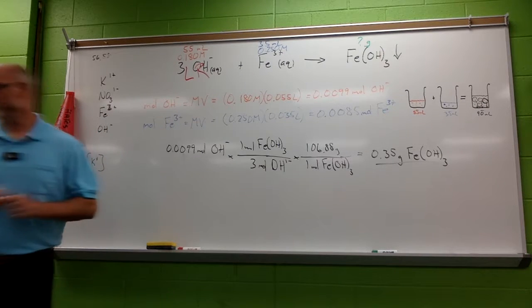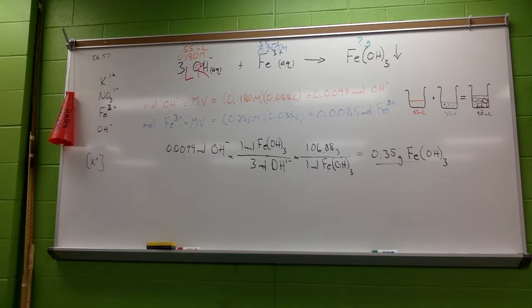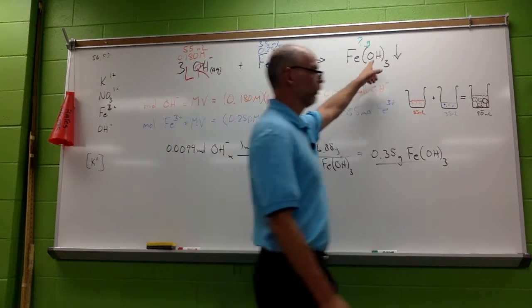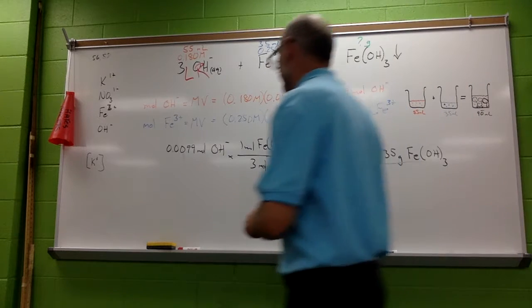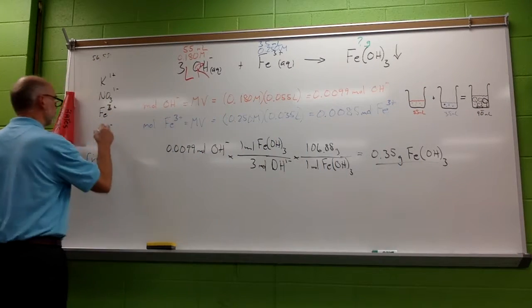We eliminated one of them from our thinking. The hydroxide ion. Why? Because it was involved in the precipitate, and it was the portion of the limiting reactant. In fact, it is the hydroxide that limited the amount of product that could be formed. So we eliminated this from our thinking. Gone, see ya.